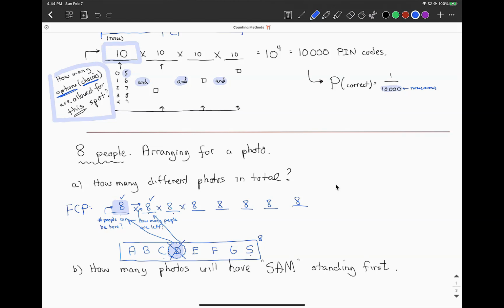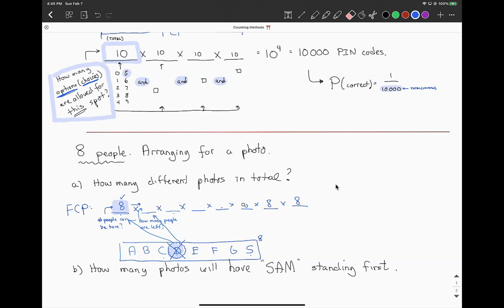And then we get to multiply all these numbers. But this number no longer makes sense, because there's not 8 people again who are still allowed to stand there. And so we naturally start running out of people.